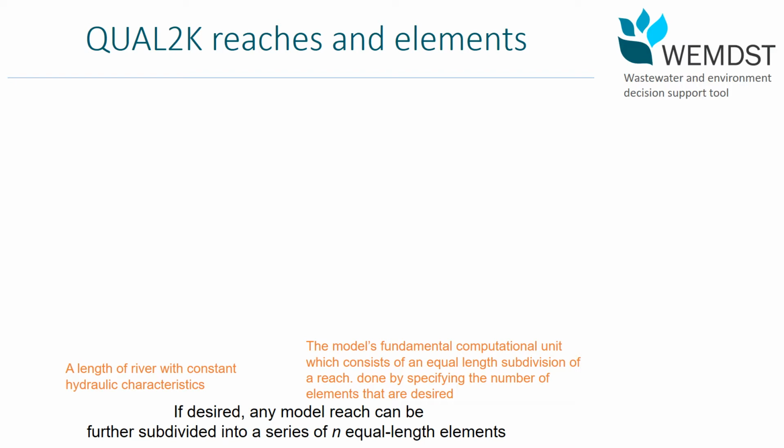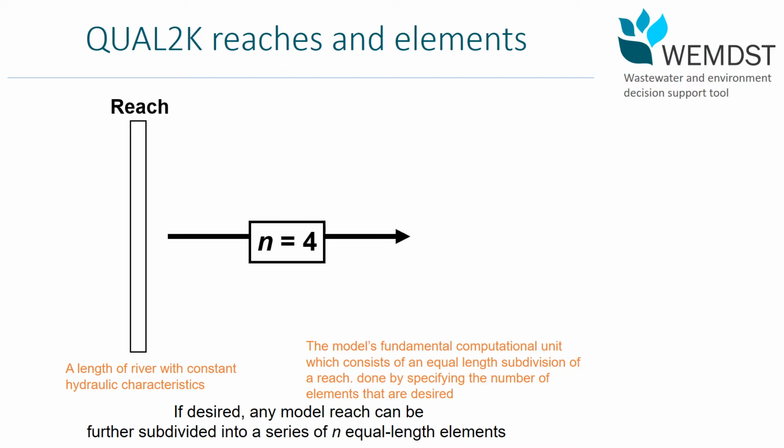How the QUAL2K is dividing this segmentation: if we have a river reach, then we have to define the river reach in different elements, so-called sections.